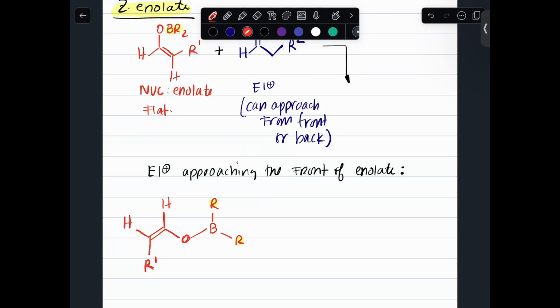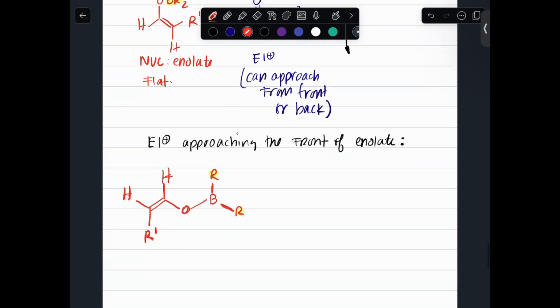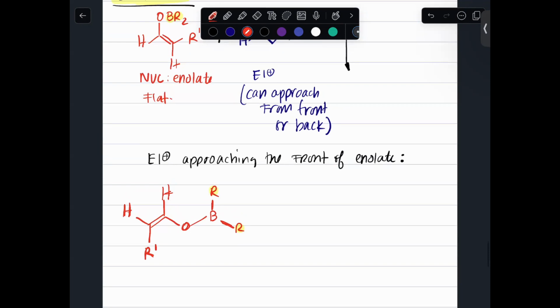The hydrogens are cis to each other. All I've done is rotate it and draw out the bonds between my R's and my boron. That's it. And I'm going to do it again, just redrawing it to prove a point. All I did was rotate it.